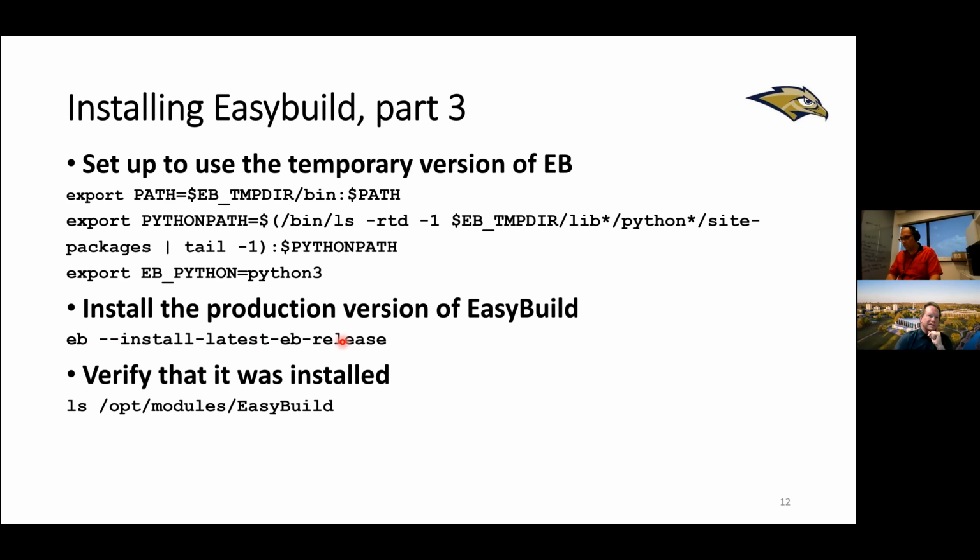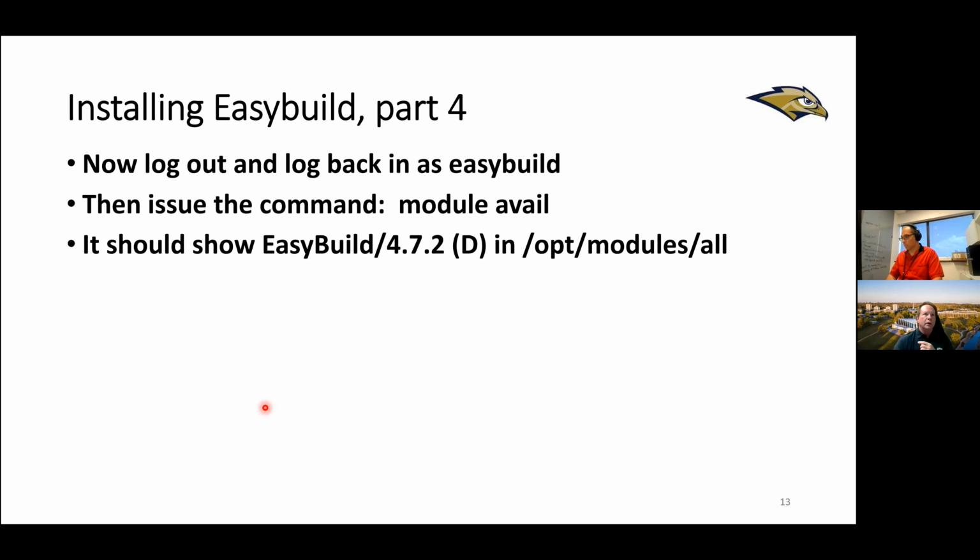And once it's done, it doesn't take too long. You'll be able to just ls /opt/modules/easybuild, and you'll be able to see the Lua file for the easy build. And now the EB environment is in our actual easy build Lua environment. So once that's done, we're going to log out and log back in as easy build, just to flush everything out, get rid of those path modifications we did earlier to use the temporary version of easy build.